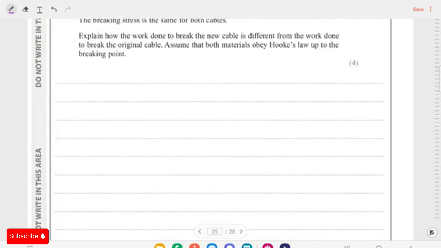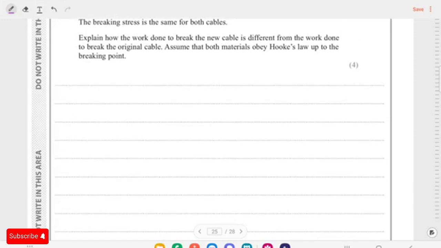So over here, the first mark is about the diameter. For a greater cross-sectional area, more force is required, right? Because it has to maintain the same formula: force and area are directly proportional. For a greater area, force must increase.